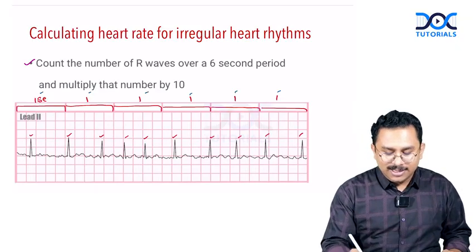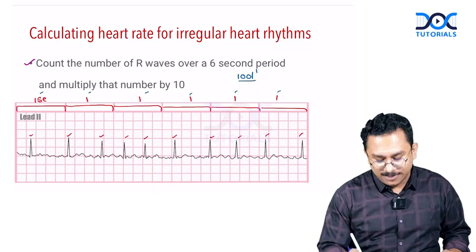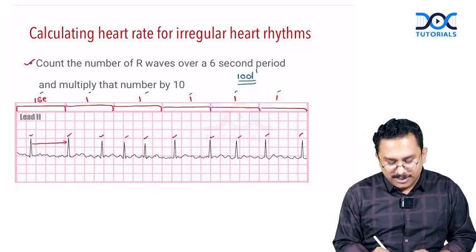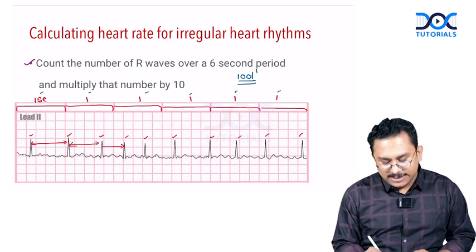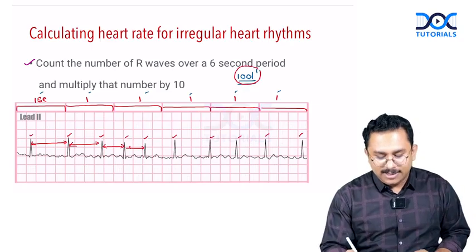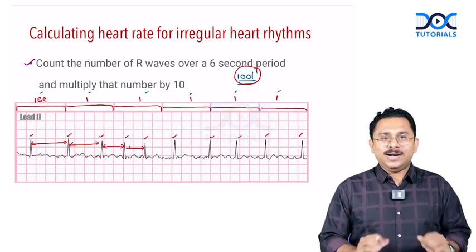So the heart rate according to this ECG, since the rhythm is irregular, because you can see in this ECG strip, the RR interval is not constant. Okay, the RR interval is varying. So the heart rate here would be 100 according to the formula. Okay, that is what you have got to understand.